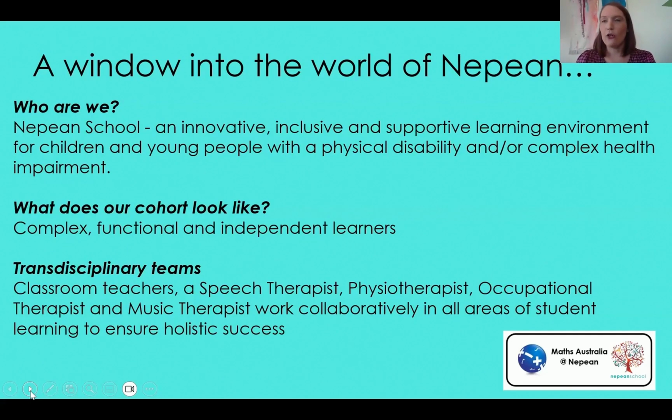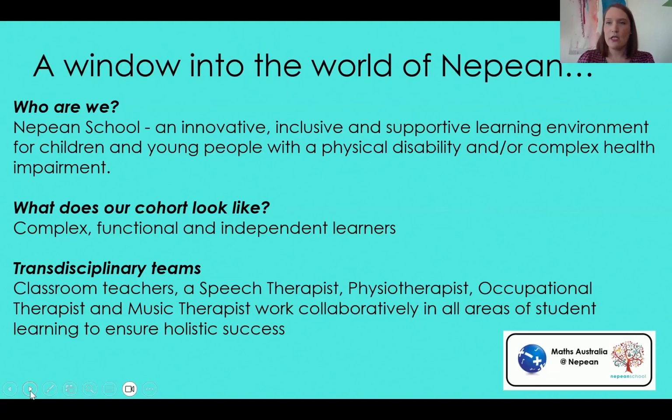As you can see, our cohort is broken into 3 groups, I suppose. It's our complex students, our functional students, and our independent students. Our complex students have a lot of physical disability that needs a lot of adjustment for their learning experiences.